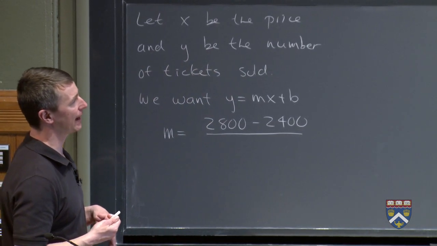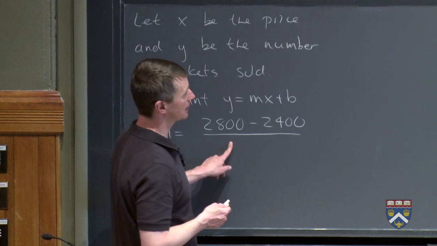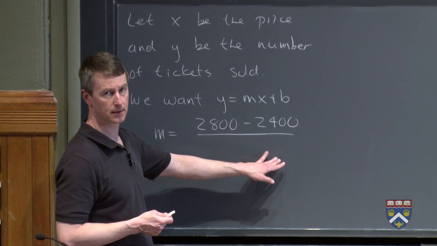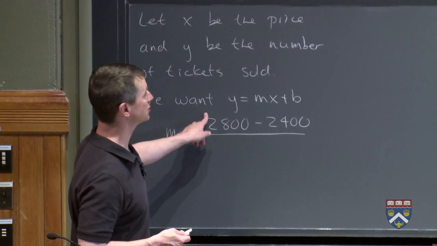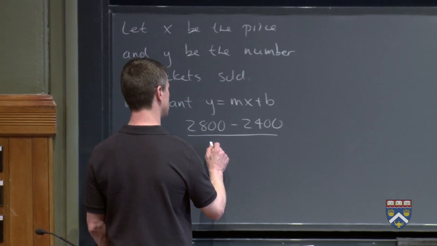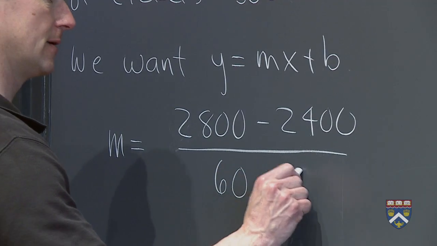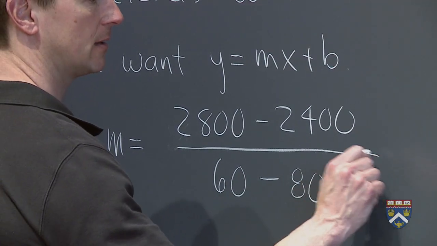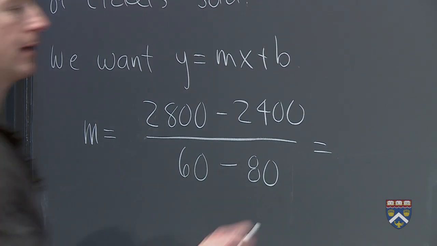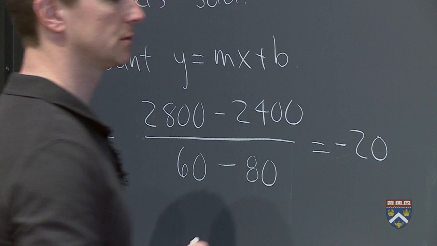And then what should I put on the bottom? 80 minus 60 or 60 minus 80? Remember, we have to match them up. So the 2,800 goes with our 60. So 2,800, and then we get 60 minus 80. So I think that's 400 over negative 20. So negative 20.